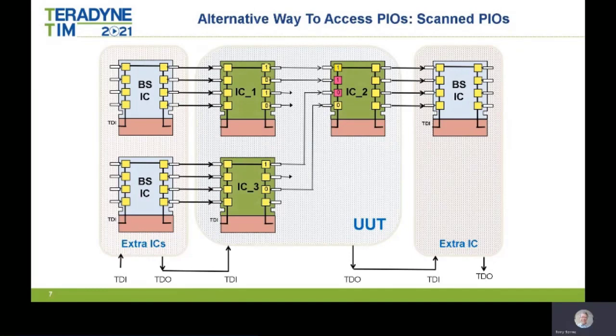This idea was initially developed by benchtop boundary scan vendors, and all the boundary scan companies now sell benchtop pods containing boundary scan ICs to support this. So you can do this either with individual ICs as shown here, or you can do exactly the same thing using vendor pods built for this purpose, like this.